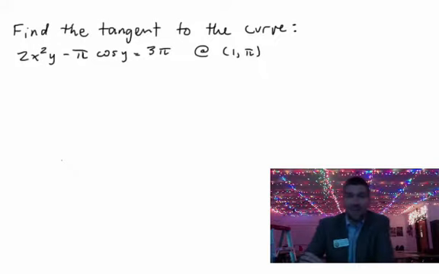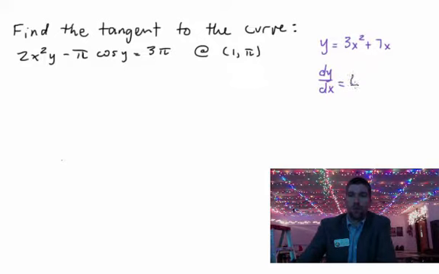So a real quick setup side note before we dig into implicit differentiation. If I give you something that looks like y equals 3x squared plus 7x, and I say, okay kids, I want to know what the derivative of this is, then you would write this: dy/dx equals 6x plus 7.